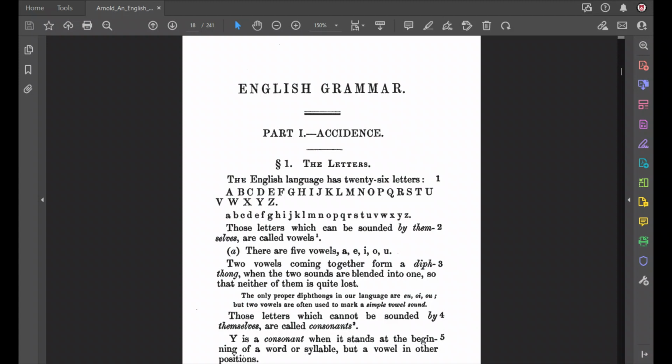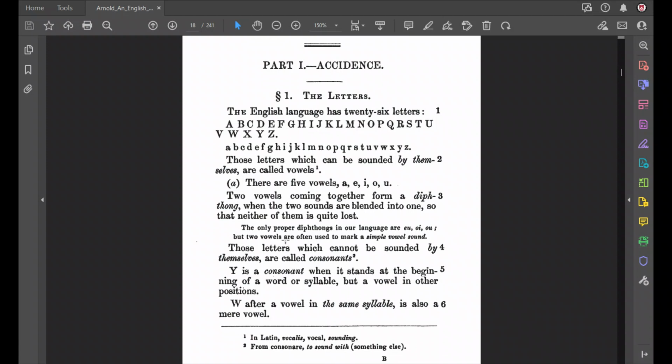We learned that these 26 letters can be divided into two different groups, two different classes. One class of letters are called vowels, and the other class are called consonants. We learned that vowels represent vocal sounds, sounds made with the voice, and that vowels can be spoken alone.